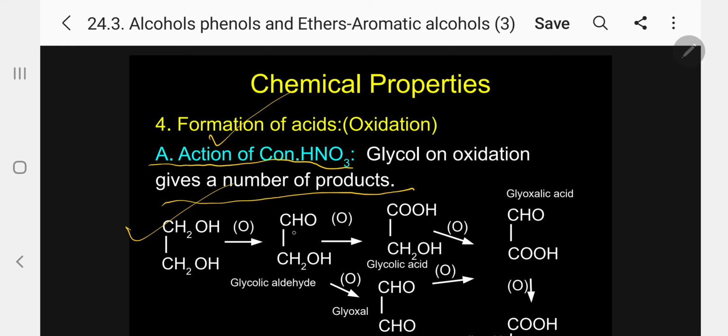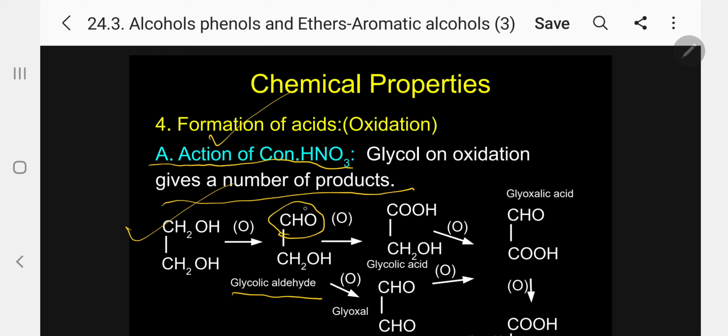So alcohol on oxidation gives, on one side, an aldehyde, and this is called by the common name glycolic aldehyde. Two functional groups, glycolic aldehyde. Suppose you further oxidize this glycolic aldehyde, it will undergo oxidation in two ways.